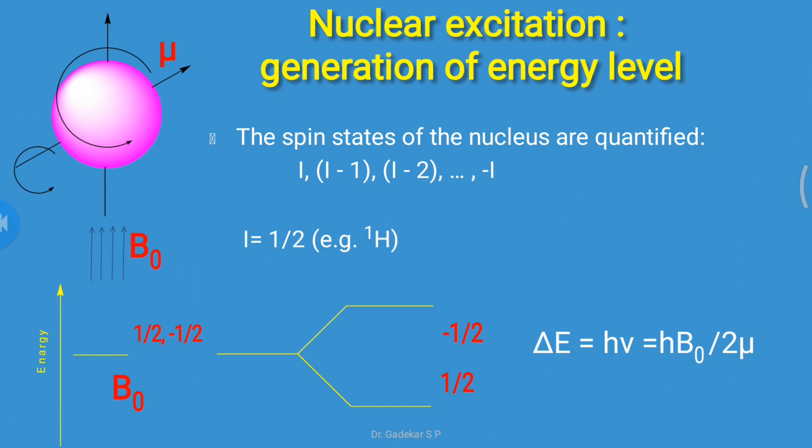Okay, so this is magnetically active or non-magnetically active. Now, nuclear excitation or generation of energy levels. In this figure, the proton or nucleus is moving around itself.